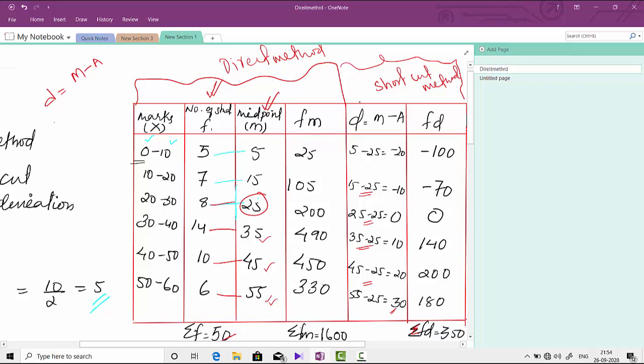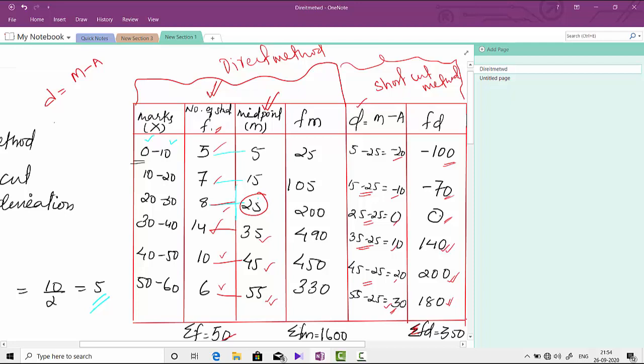So you have to multiply D and F. For FD, 5 into minus 20 will be minus 100. 7 into minus 10 will be minus 70. 8 into 0 will be 0. 14 into 10 will be 140. 10 into 20 will be 200. 6 into 30 will be 180. So this is how you calculate FD.